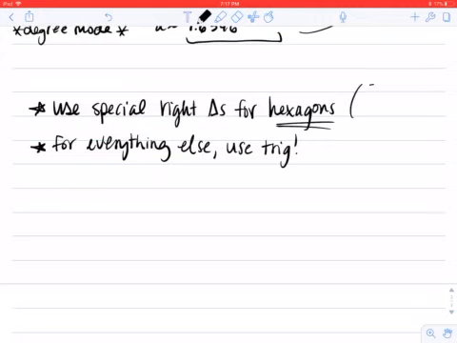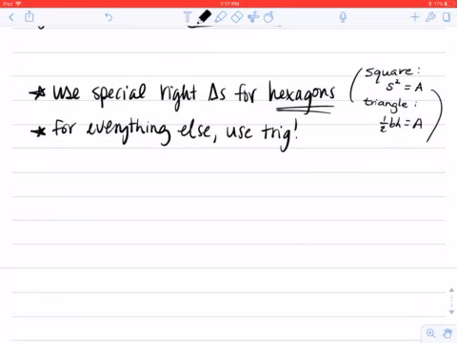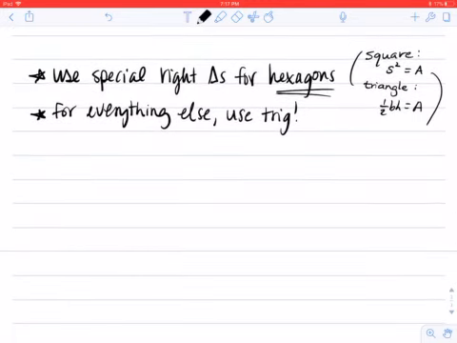Unless it is a square. Squares, you shouldn't use this formula at all, right? For squares, you should do the side squared. That's the area. And if it's a triangle, an equilateral triangle, a regular triangle, you should just do 1/2 base times height. Okay. You might have to do special right triangles. It depends. But in general, this is our rule to follow.